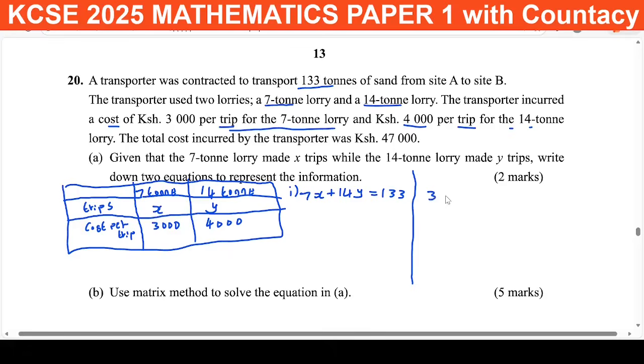Somehow this sounds a bit odd, working with 3000X, but I'll show you what we'll do with it. For the 14-ton lorry, we are told that it made Y trips, and each trip incurs a cost of 4,000. Therefore, the total cost incurred by this lorry is 4,000 multiplied by Y, and that is 4,000Y.